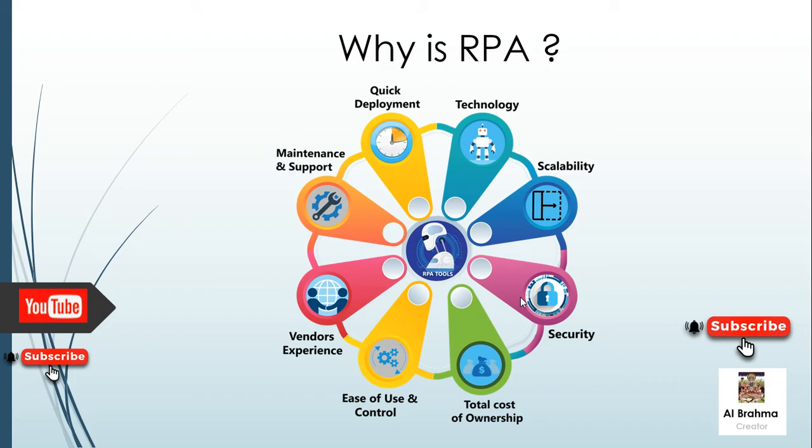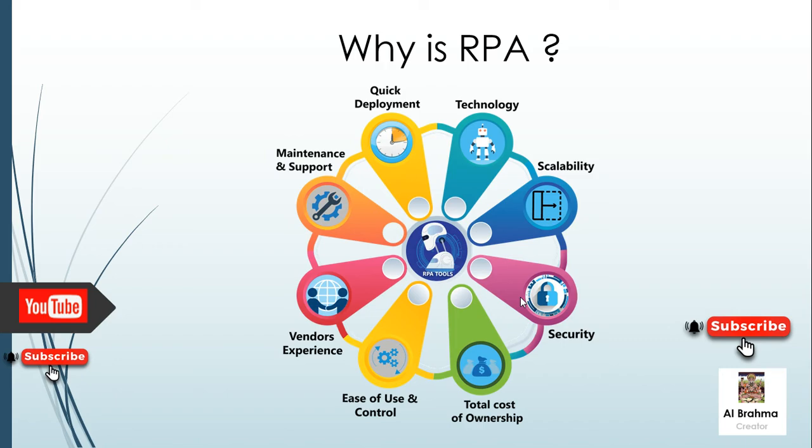For example, if you are using Salesforce, they will tell you to migrate everything to Salesforce, not like that in RPA. RPA will use the same SAP application, same legacy application, same website, same Outlook. Whatever way users are working, the bot will mimic. So that's why deployment is also very quick.